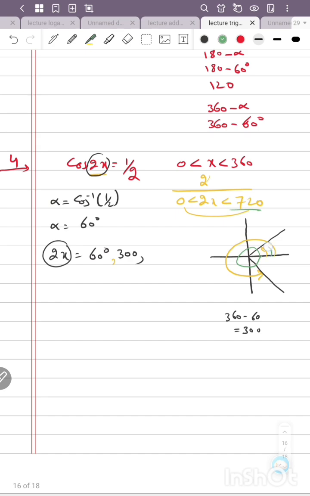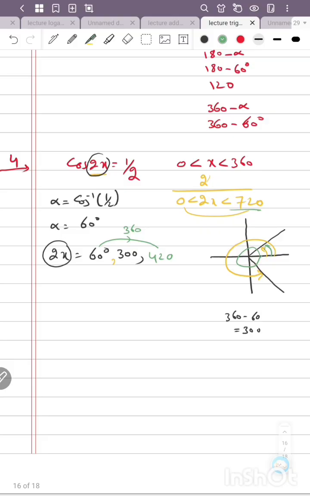When we add 360 more to 60, 60 plus 360, we get the answer 420. Dear students, you have to understand this question.